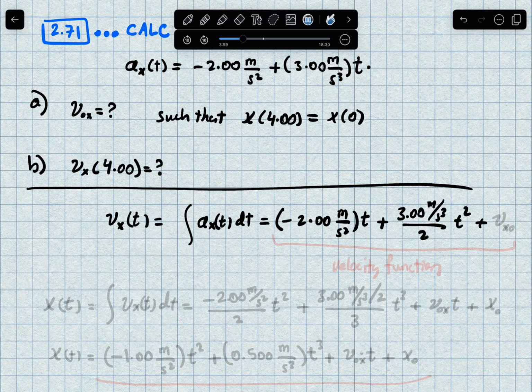Also the constant, which will be Vx naught, Vx at time 0. So that is my equation for velocity.